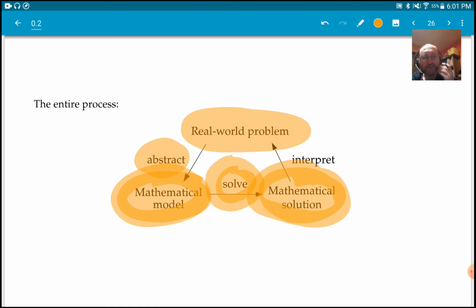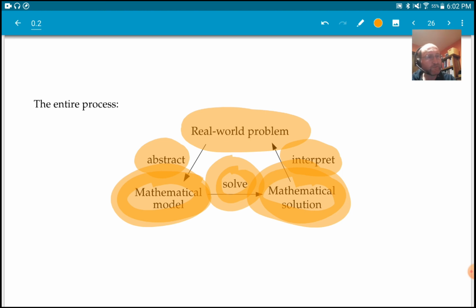Well, with this solution to the differential equation, you're not done yet, right? You still have to interpret what that means. Sometimes that's simple. Sometimes you're really interested in what the value of one of these variables is at some point in time or space, so then you just read it off. You still might have to interpret a little bit: do you get that precisely?